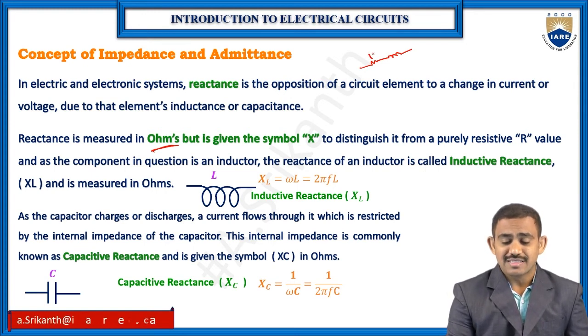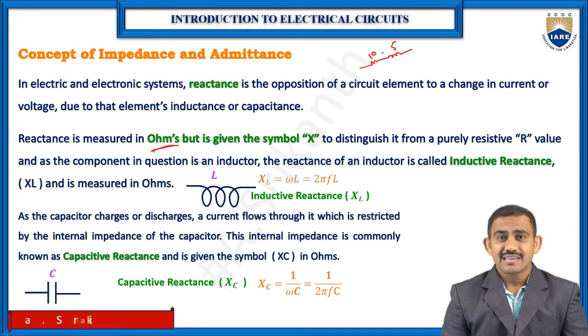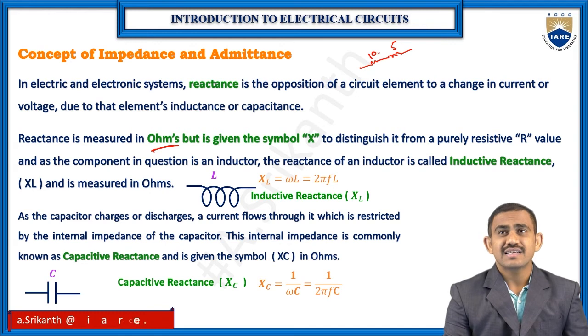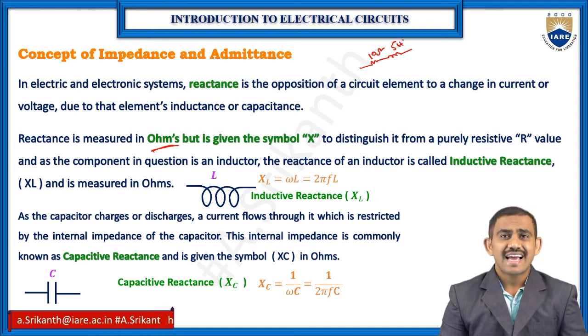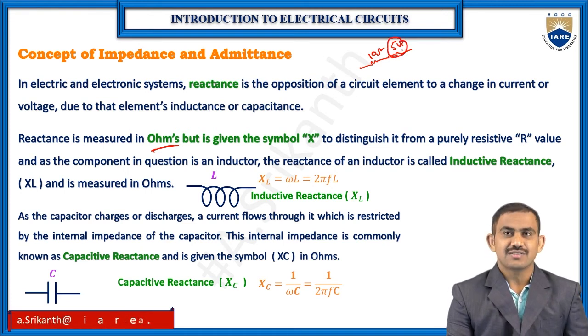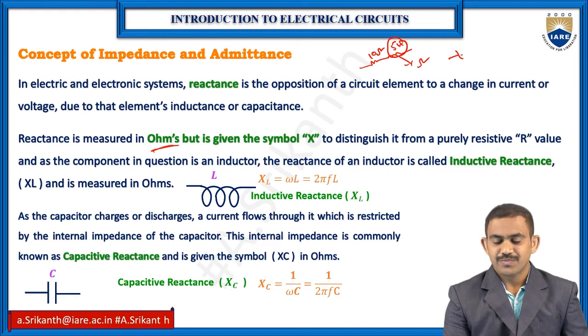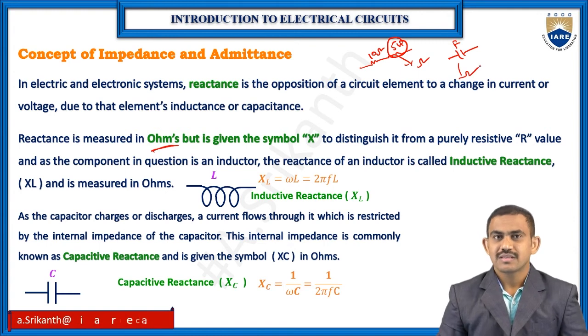Suppose my R value is 10, L value is 5. Then how can I add? Generally, resistor units are ohms and inductor units are Henry. We can't add them. So I need to convert Henrys to ohms. Same thing with capacitors, farads to ohms.